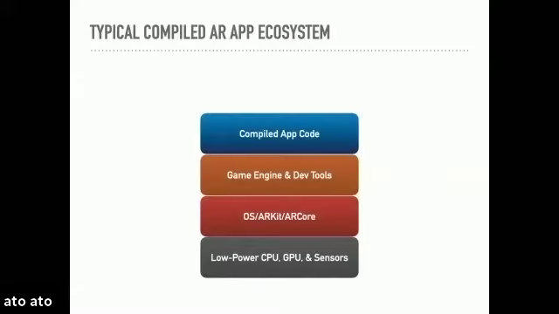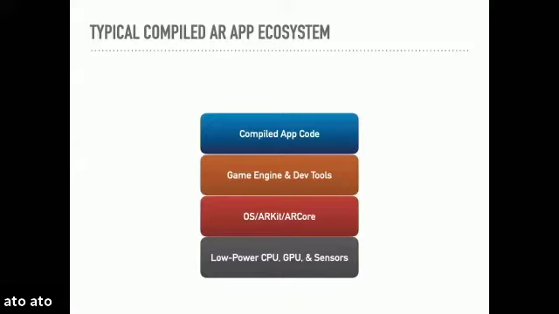This is a diagram of the typical compiled AR ecosystem today. What we've got is the hardware, a low power CPU. I say low power because most augmented reality experiences run on portable devices, and portable devices are always concerned about being conservative with power consumption. Some kind of GPU and then an array of sensors like the camera or the microphone, or in some cases a LiDAR sensor. You've got the operating system, which can possibly include frameworks that help you with AR capabilities like ARKit and ARCore.